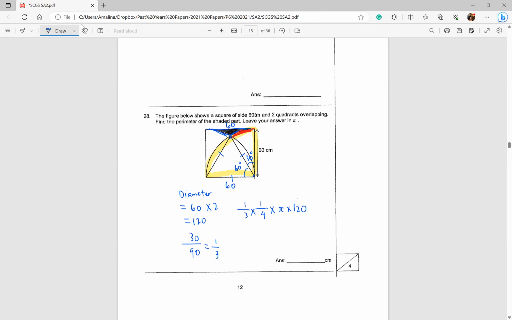If I work this out, I get 10 pi, which means that the red one is 10 pi. This part here must also be 10 pi. So 10 pi times 2, I get 20 pi for the arcs. And then you must make sure to add your 60 cm. So 20 pi plus 60, you get your answer, 20 pi plus 60 cm as the perimeter.